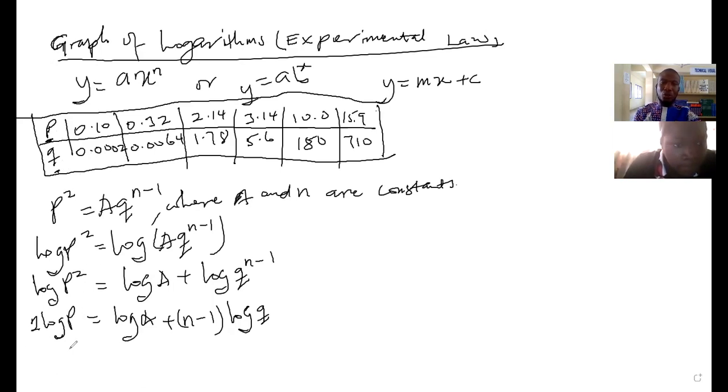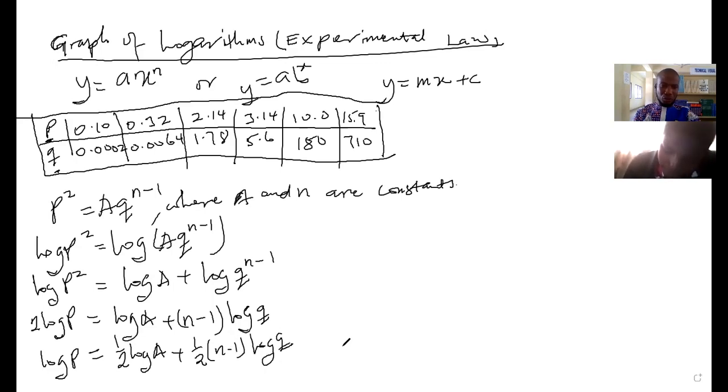So we divide through by the 2 to give us log P equals 1 over 2 log A plus 1 over 2 n minus 1 log Q. So already we can make this equation 1 so that we come back to it later.